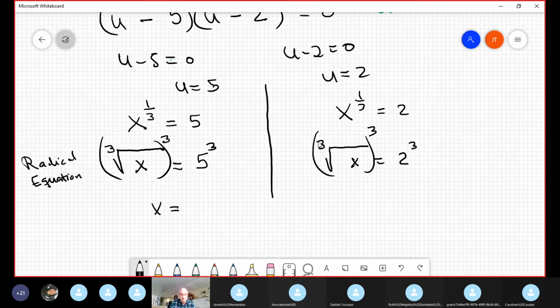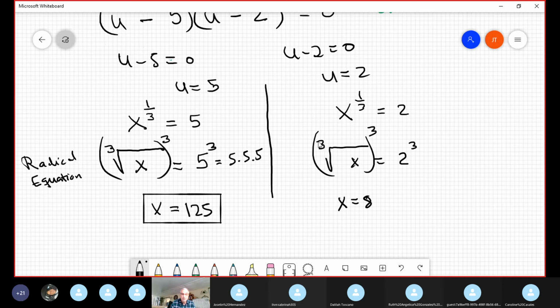Not 5 times 3, it's 5 times 5 times 5, or you put it in the calculator, it is 125. And likewise here it is 2 times 2 times 2, which is 8. And this is the answer. The answer is x equals 125 and x equals 8. And that's it.